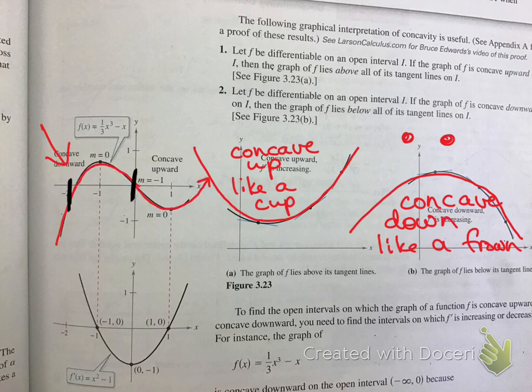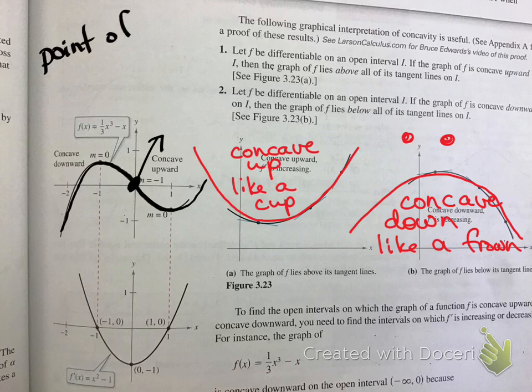So where the concavity changes in a graph like this, where we stopped being concave down and we began to be concave up, this point right here where the concavity changes is called a point of inflection. So the point of inflection is the point where concavity changes.